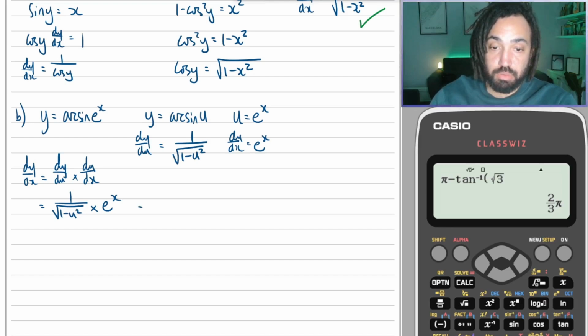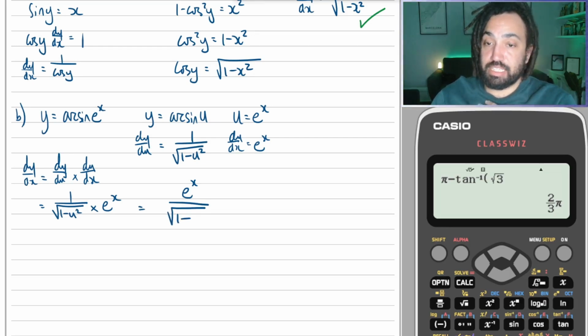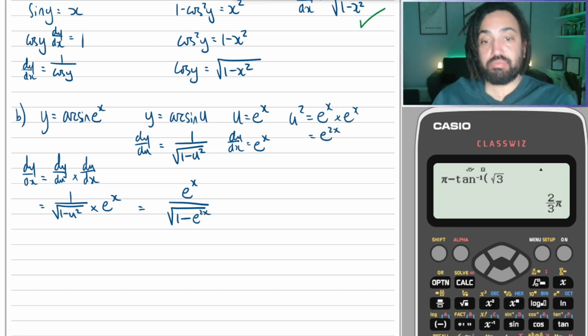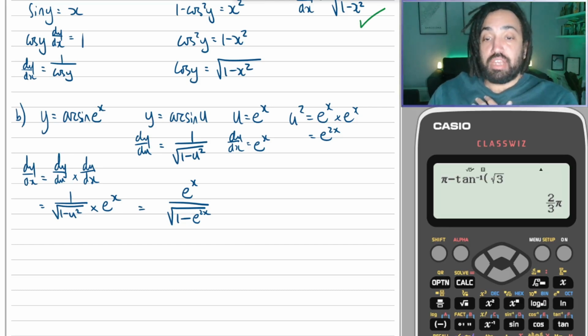So this is equal to, put e to the x on top, over the square root of 1 minus, and u is e to the x, so u squared is e to the x times e to the x, which is e to the 2x. So e to the 2x.